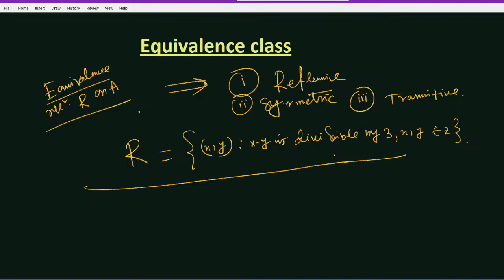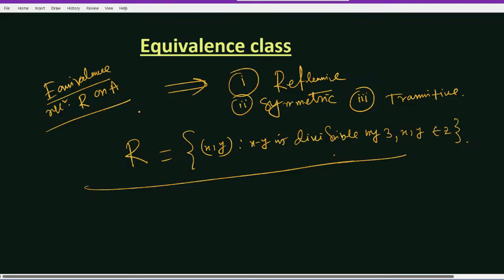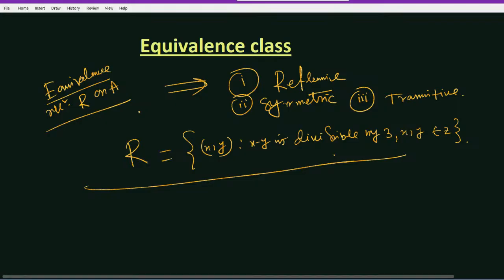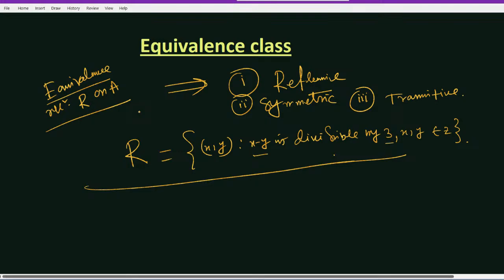Then we can prove that this relation is reflexive, symmetric, and transitive. We have done this in the first session with an example, x minus y divisible by 4. Here x minus y is divisible by 3.